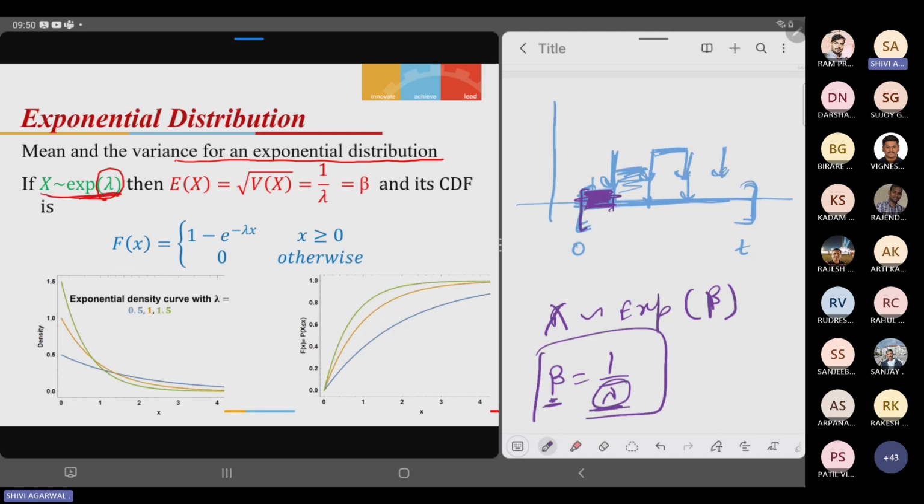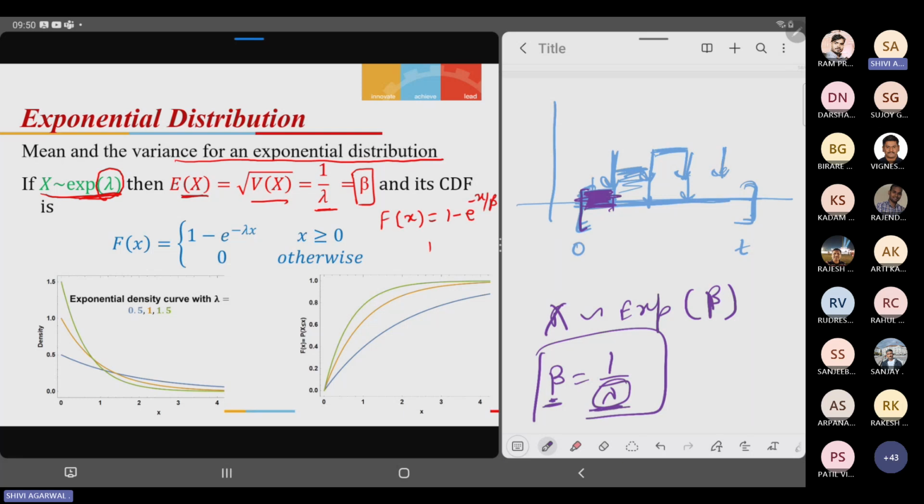So x follows the exponential distribution. The expected value of x, and the square root of variance of x, is equal to 1 by lambda, which is equal to beta, right, that we have done. So F(x) is equal to 1 minus e to the power minus x by beta.